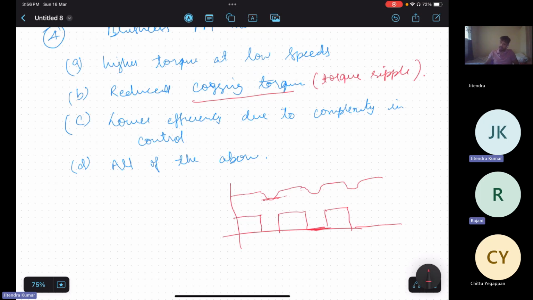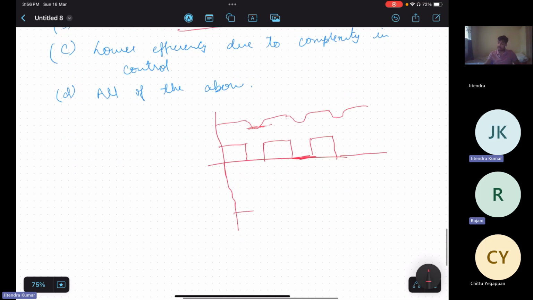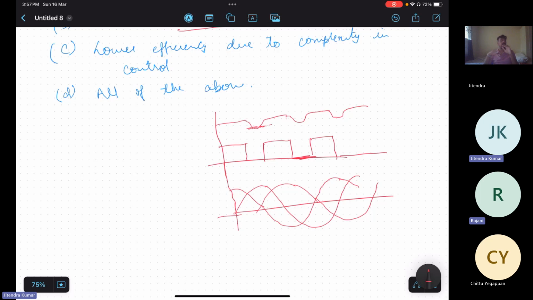But what happens when we provide a sinusoidal supply like this? All the three phases are active there. So there will not be any instance when one phase is going out and another phase is coming in. Simultaneously, a very smooth RMF will be generated in the machine.